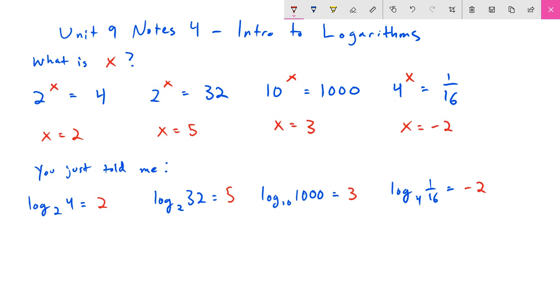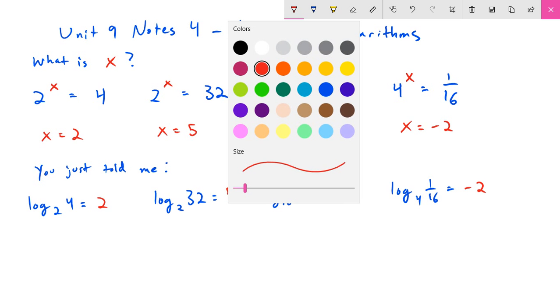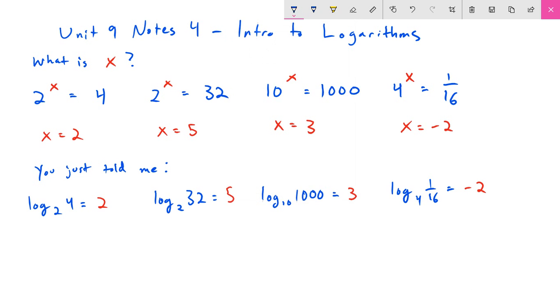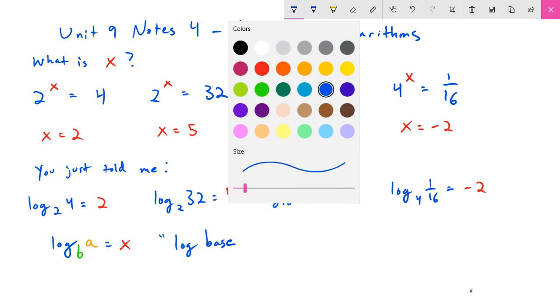All right, so let's make sure we know how to read this kind of thing. If I put log with the b down here and an a right here equals x, how would you read this statement? You're going to say log base b, whatever b is, of a is x.